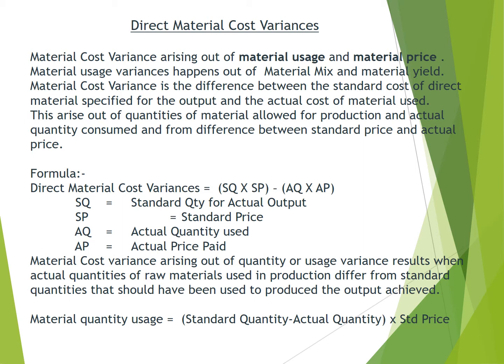Material cost variance is the difference between the standard cost of direct material specified for the output and the actual cost of material used. So this arises out of quantities of material allowed for production under standard and actual quantity consumed. When these are different, there can be a difference.